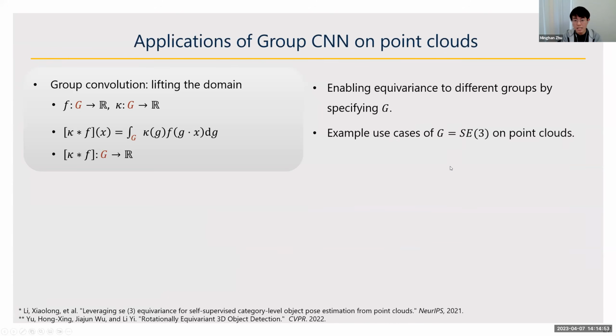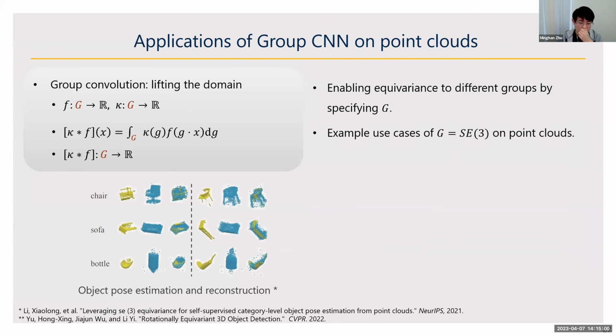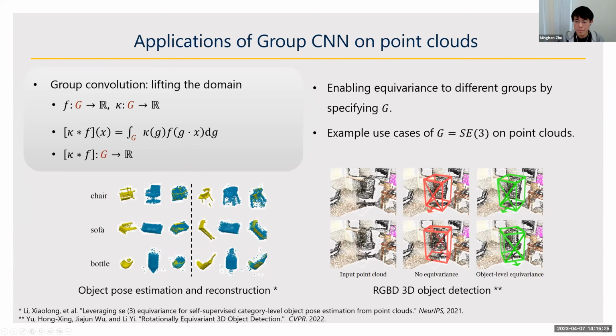And also we can take SE3 and go to 3D space, and it can be applied to point cloud applications. Here are 2. The first is an object pose estimation and reconstruction task. Basically, given a point cloud of the object, placed arbitrarily in the 3D world, a network can detect the object, estimate its pose, and reconstruct the full shape of the object under arbitrary pose changes.